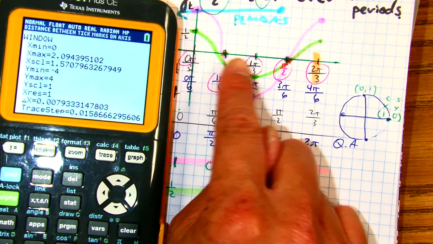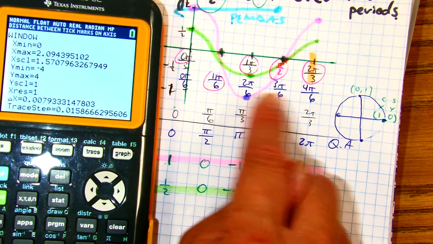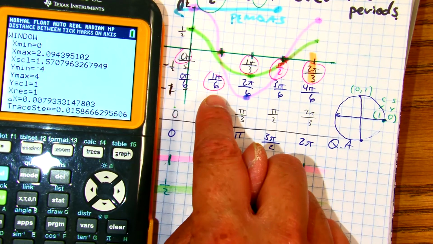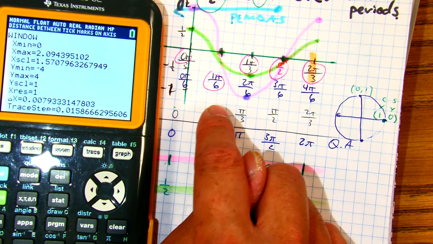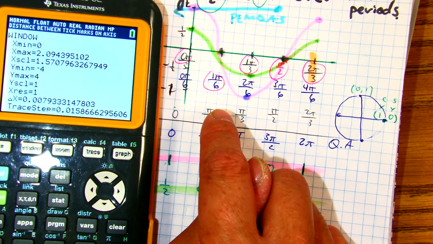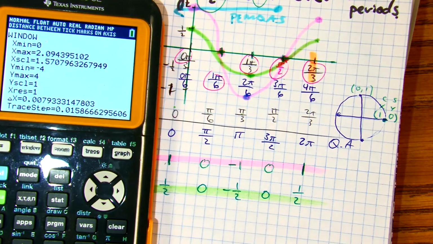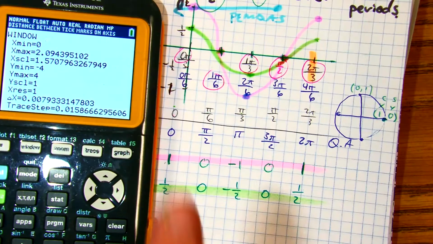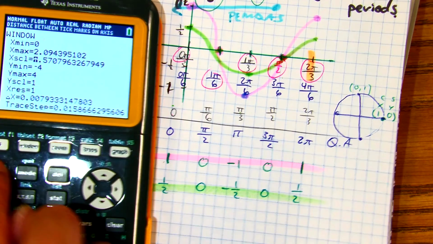What are we counting by, class? Let's count by pi over 6.